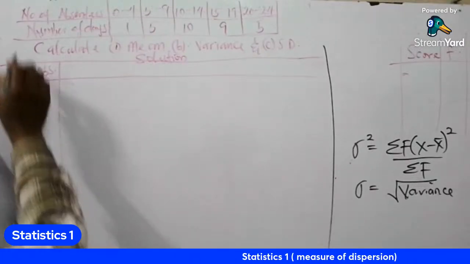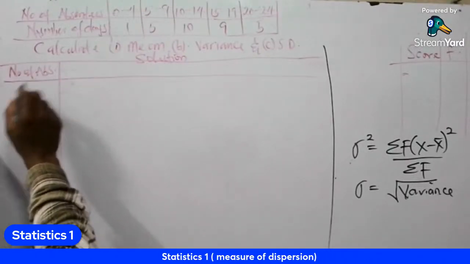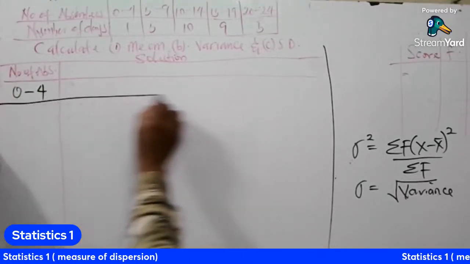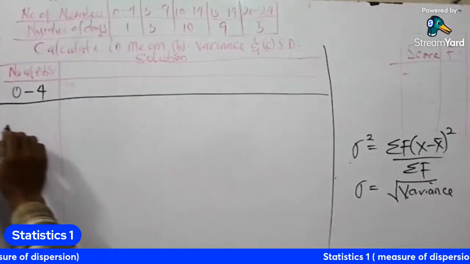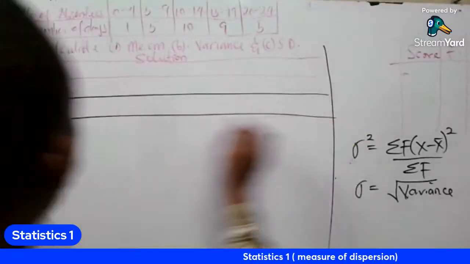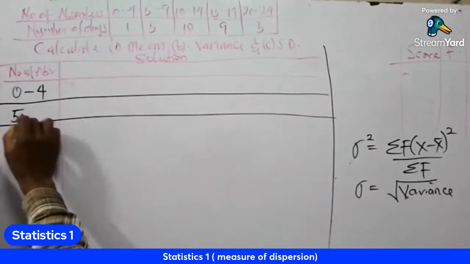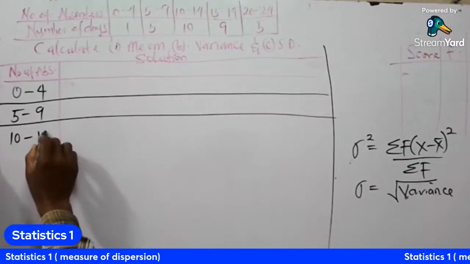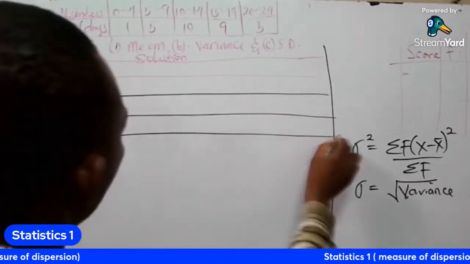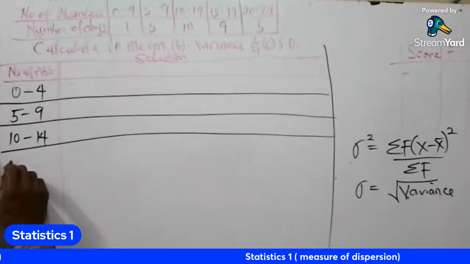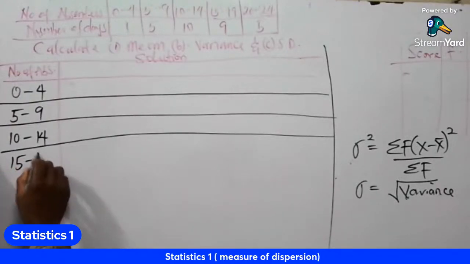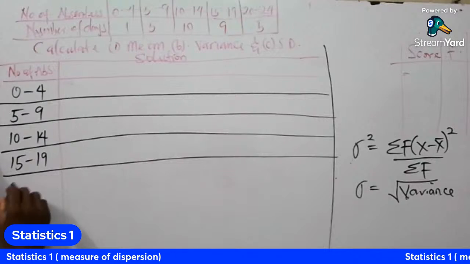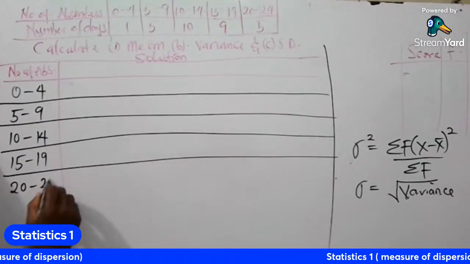The number of absentees is the class interval, ranging from 0 to 4, then 5 to 9, then 10 to 14, then 15 to 19, and the last one is 20 to 24.